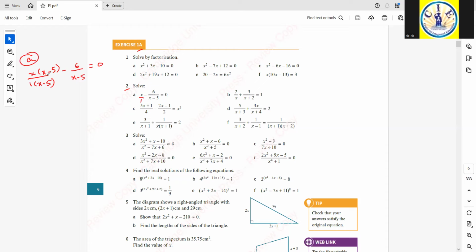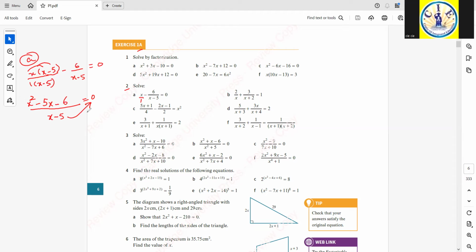So that's why now you can see the denominators are the same. So we can write them as a single fraction with the common denominator x minus 5, and in the numerator we can multiply x by x to give us x squared, and then x times negative 5, which will be negative 5x, and this negative 6 would be the same.